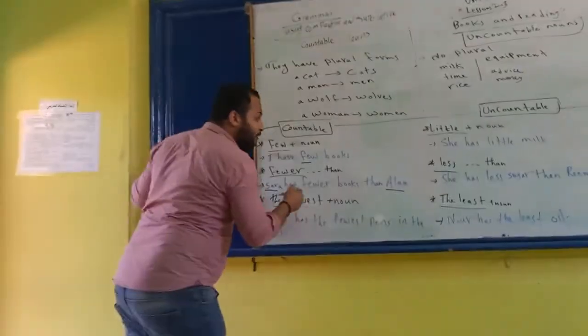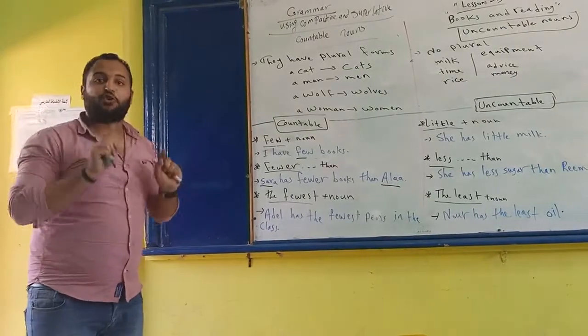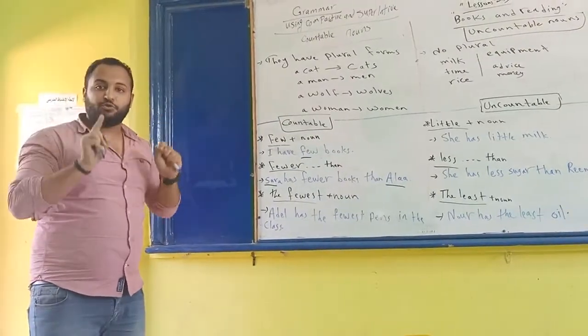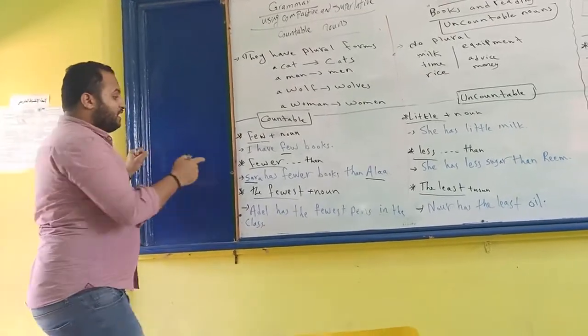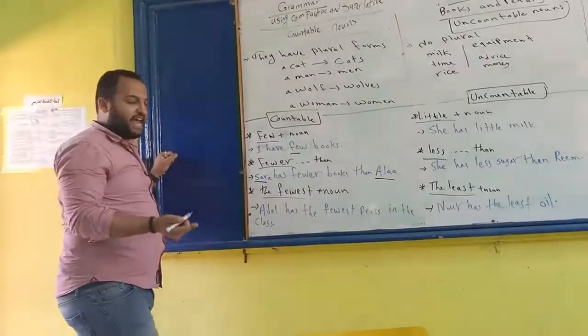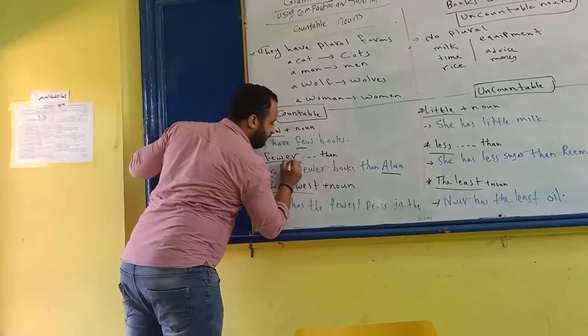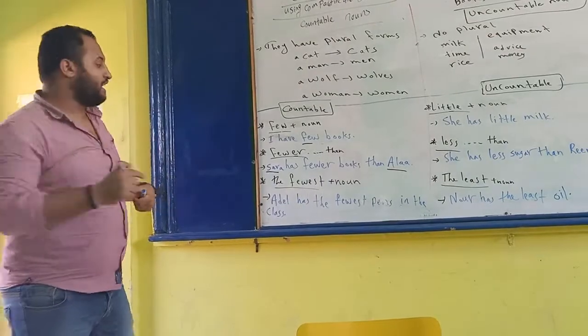Now I talk about 2 persons, not one. Right? So I use comparative. So comparative is used with 2 things or 2 persons I talk about. Sarah has few? No, fewer than. So I put ER plus the noun plus than. It's called comparative. Okay?